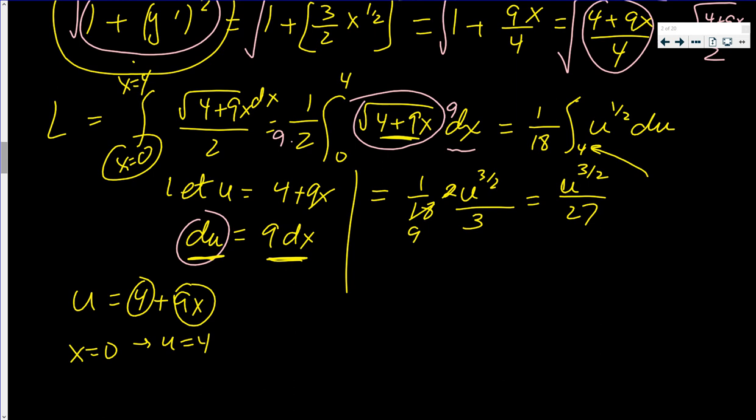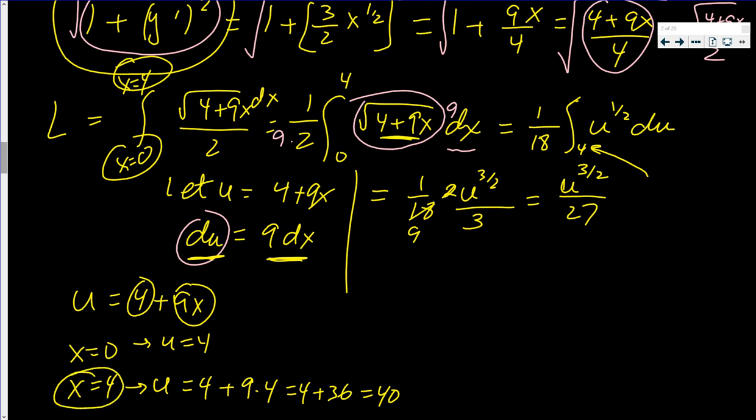Now, the upper limit for x is 4. Well, if x is 4, then u is going to be 4 plus 9 times 4. It's going to be 4 plus 36, 40. So the upper limit is going to change from x equals 4 to u equals 40.